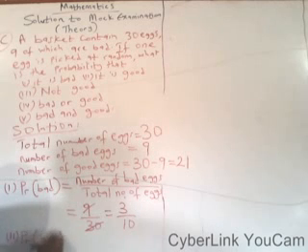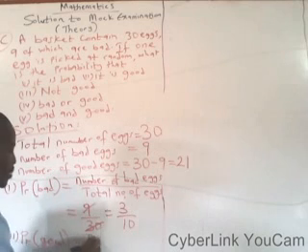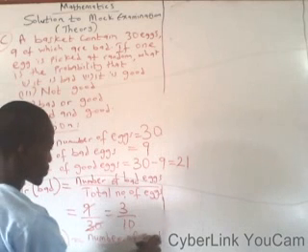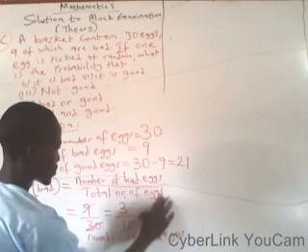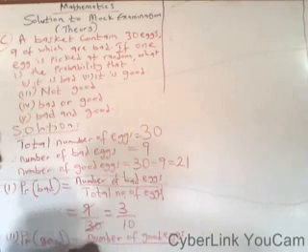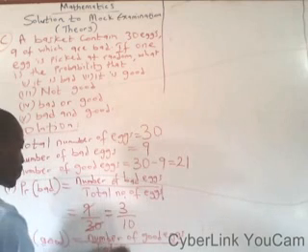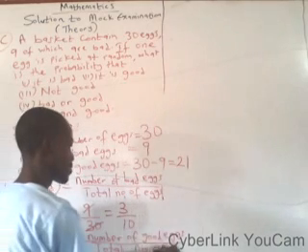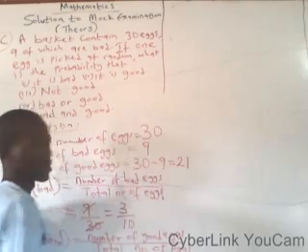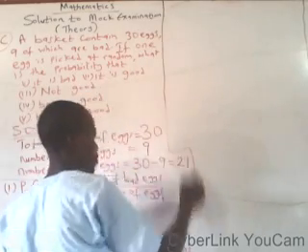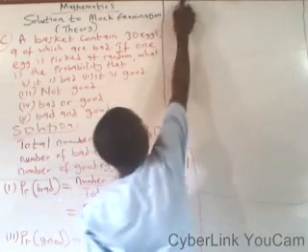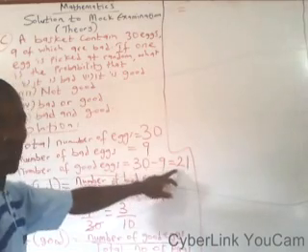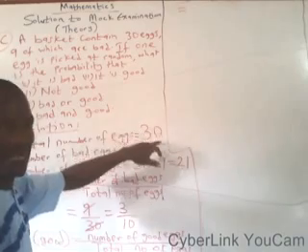Probability of good is equal to the number of good eggs over the total number of eggs. The number of good eggs that we have is 21, and the total number is 30.